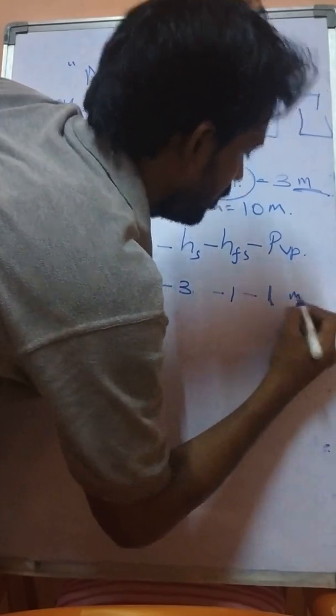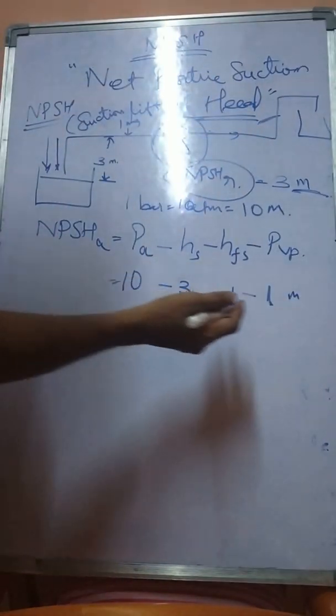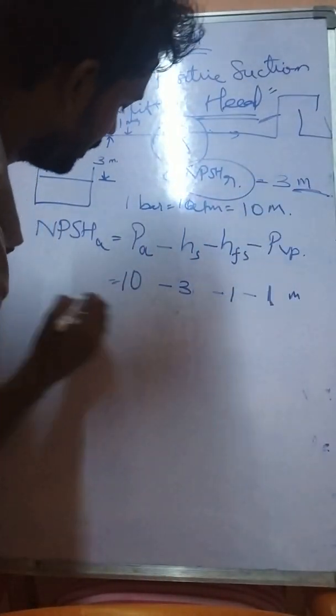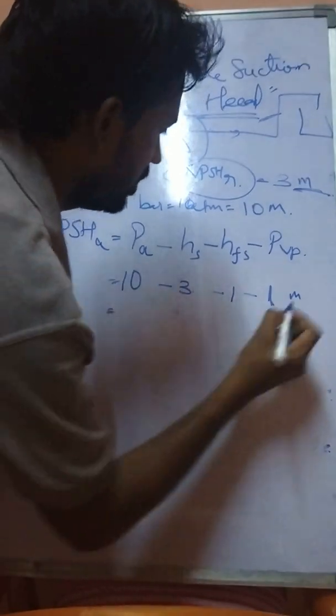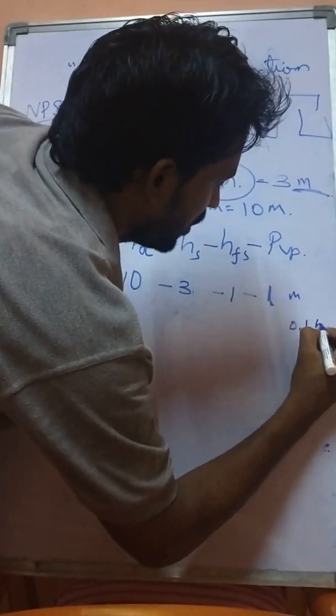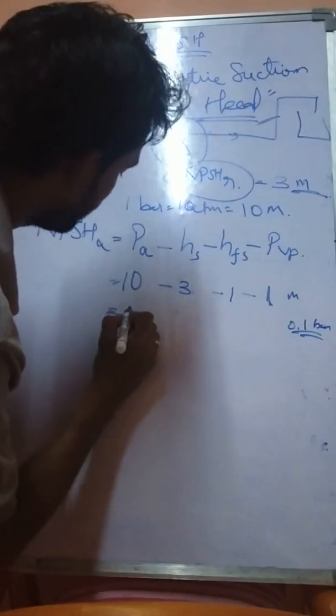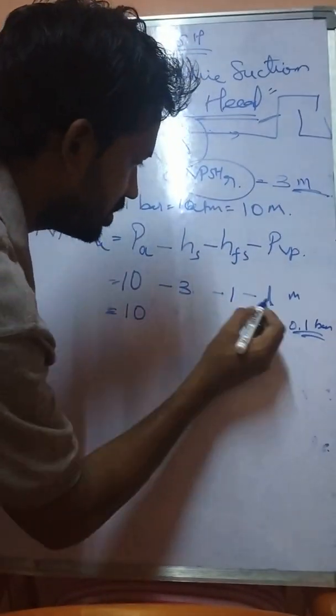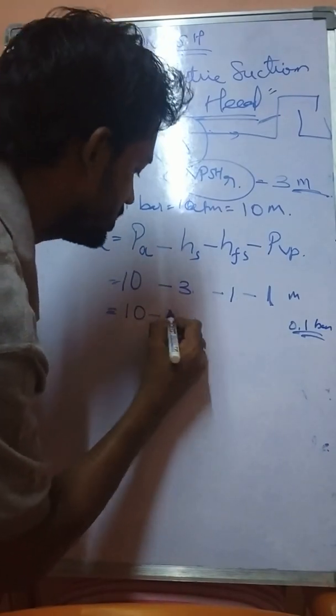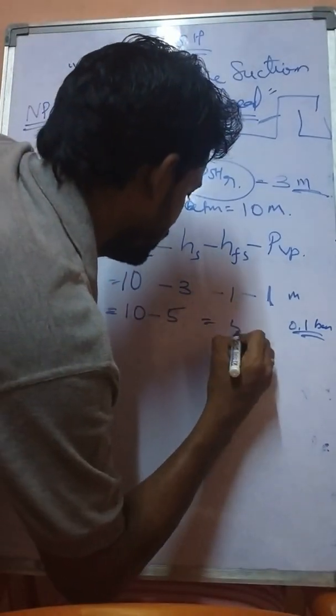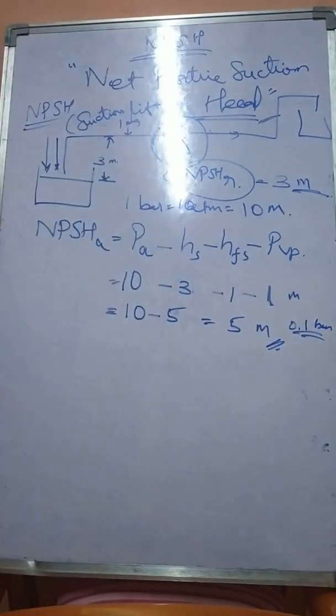So the vapor pressure we take as 1 meter, there won't be much pressure. For example, mostly it will be around 0.1 bar. So we take it as 1 meter. So if you calculate it, 10 minus 3 minus 1 minus 1 equals 5 meters.